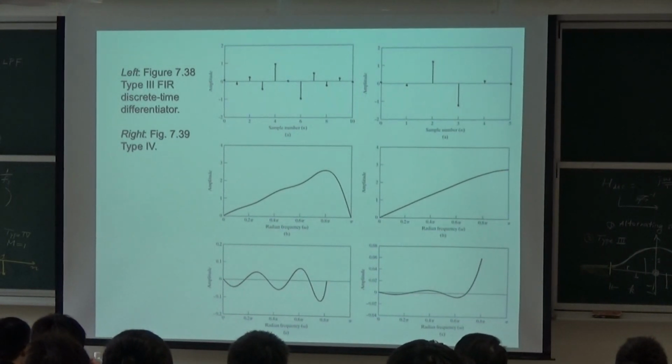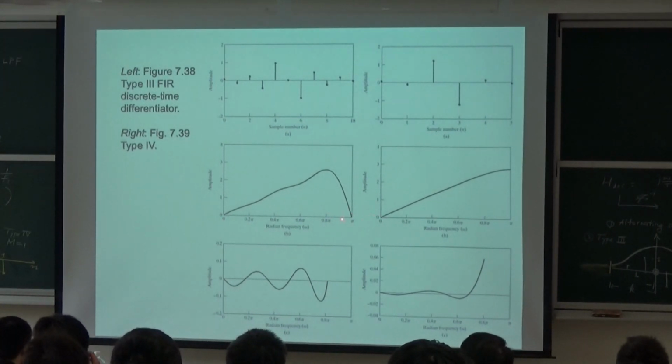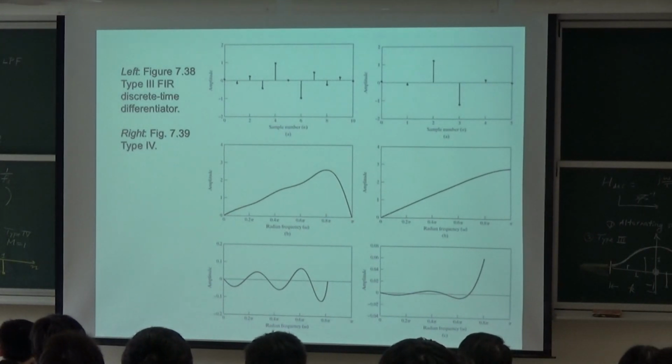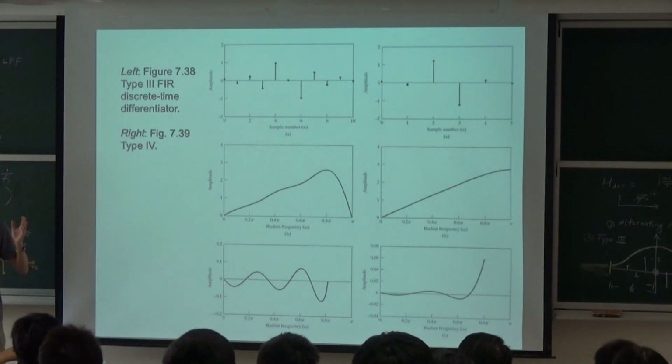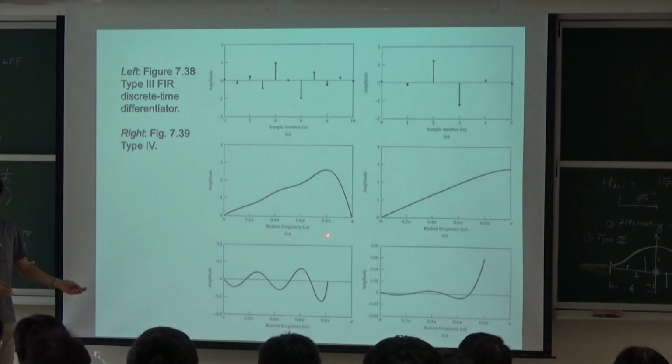In this case, the restriction comes from the fact that any type 3 filter is restricted to have 0 gain at the Nyquist rate. Let me say that again. It's a matter of fact that for any type 3 filter, if you calculate the magnitude response at frequency pi, the answer has to be 0.